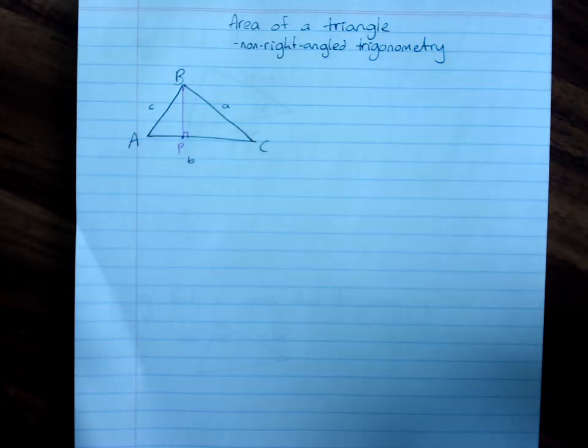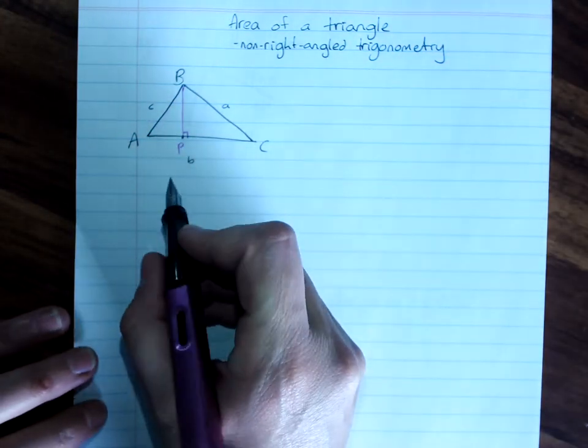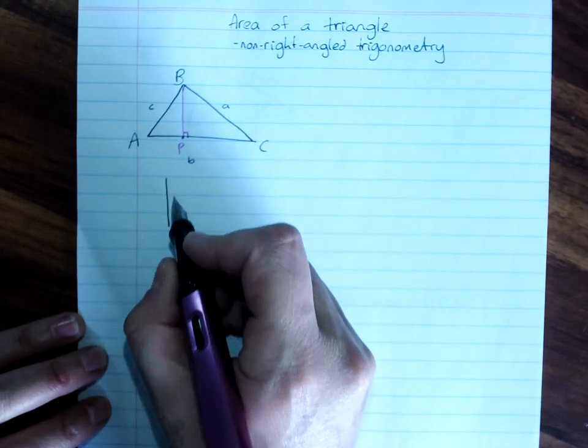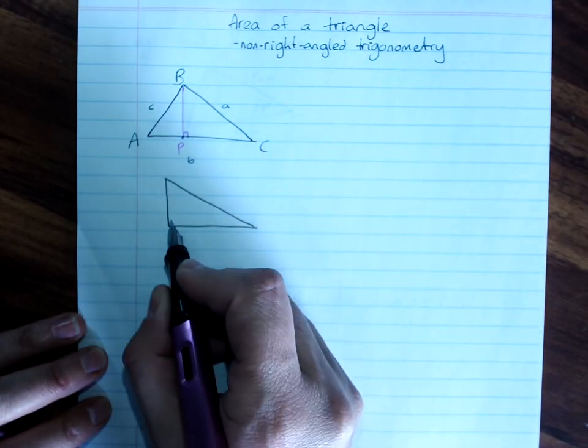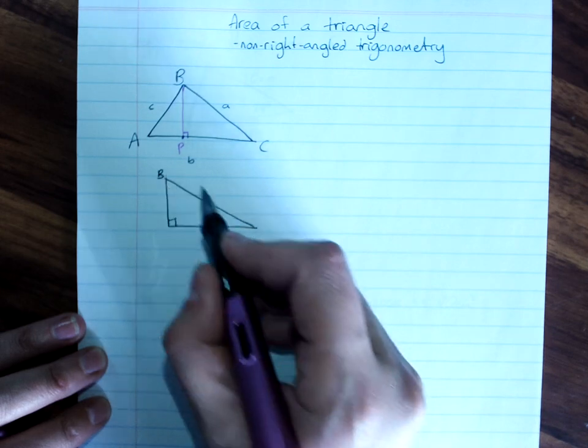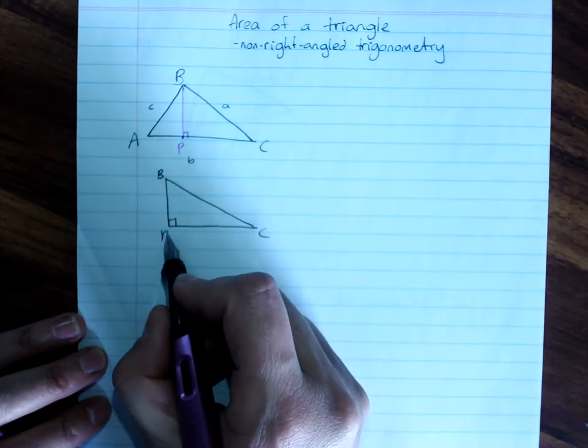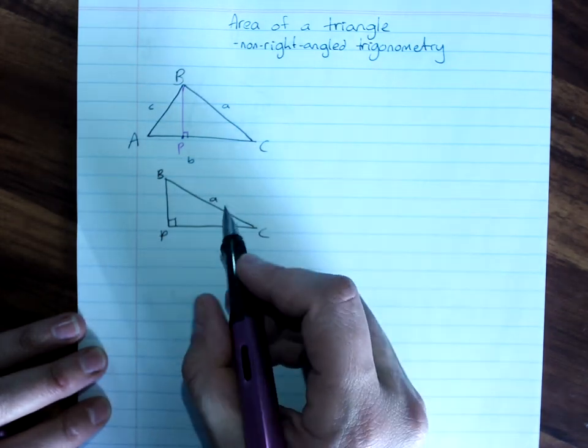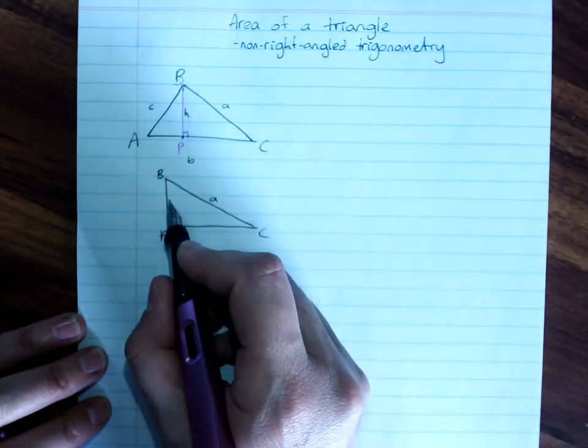if we just look at that triangle, you don't actually need to redraw it, but it's up to you. So this triangle here, we let this be H, of course.